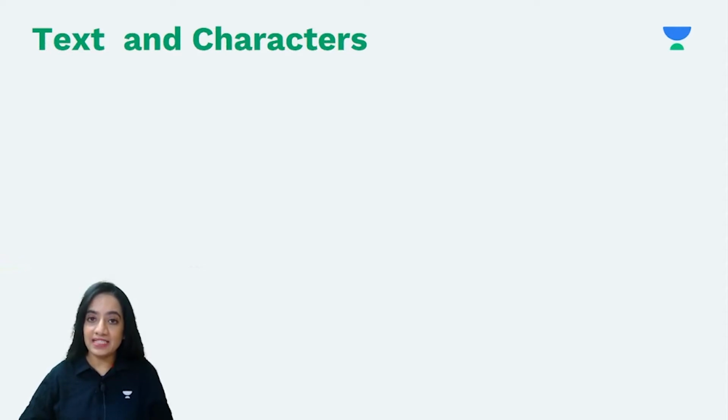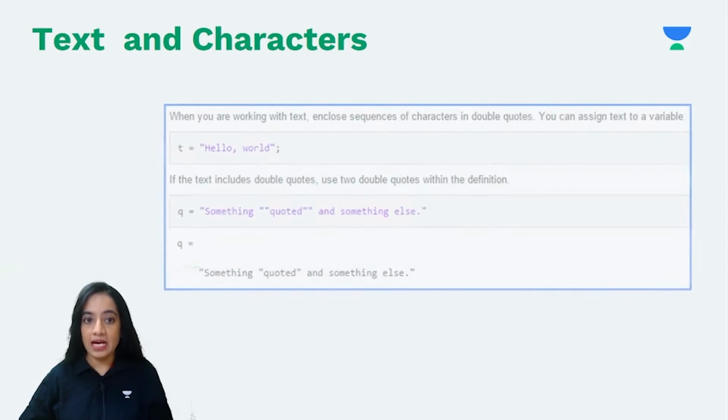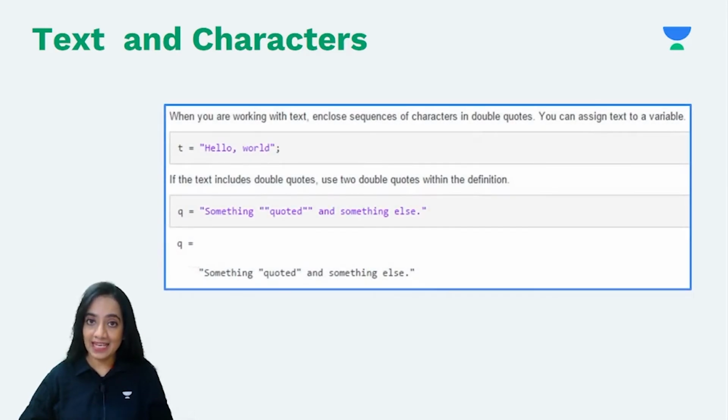The kind of data that you can also enter here is text or characters. Whenever you want to work with text, you have to give a sequence of characters in double quotes. You can assign the text to a variable also, like t equals "hello world" with double quotes on it.